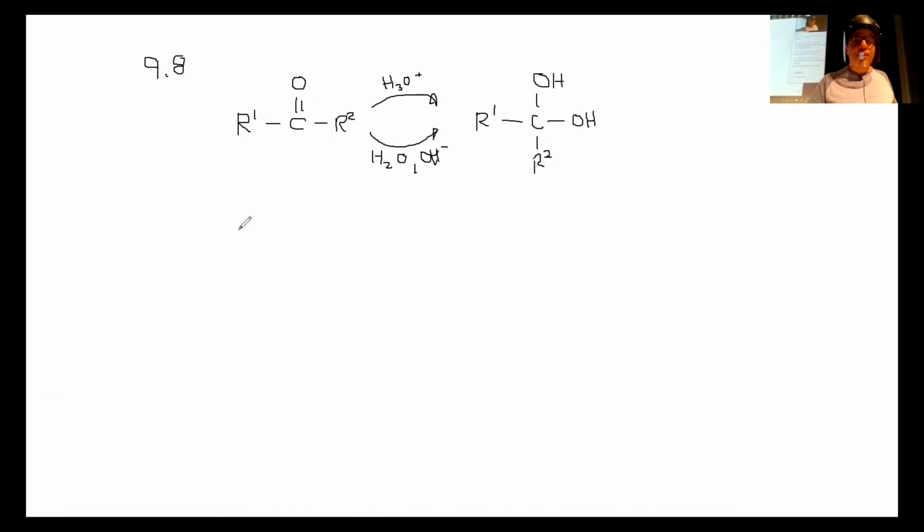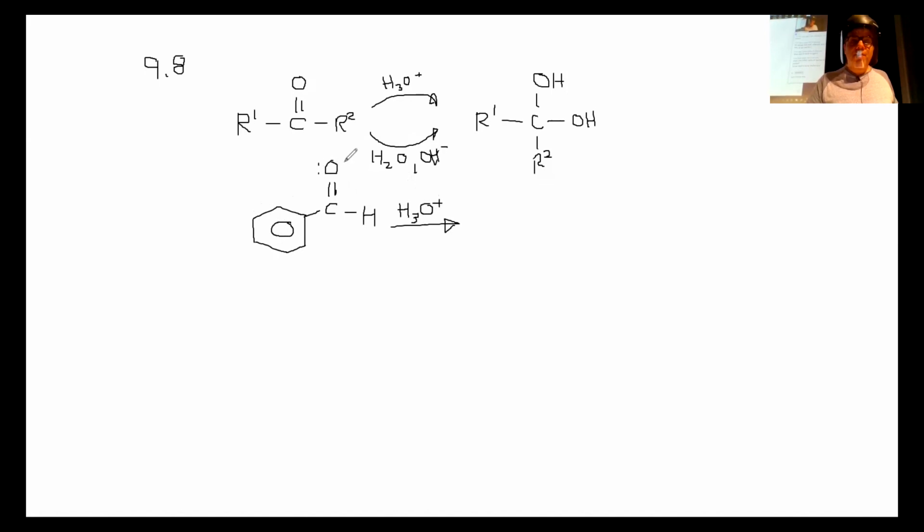Good, so let's look at a particular example. Let's say that we took, well, I'm kind of tired of benzaldehyde, but we'll do it anyway. So let's consider what the mechanism of forming the hydrate will look like under acidic conditions.